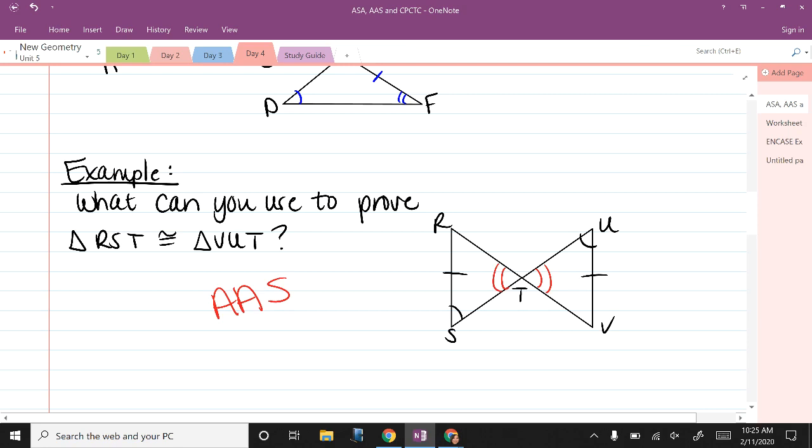Question on how many pairs of angles are congruent? You only got 1 pair of congruent angles and 1 pair of congruent sides. So do you have enough information there? No. So that one is not congruent. And why is this one not?